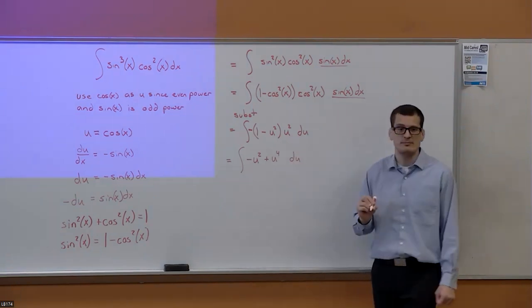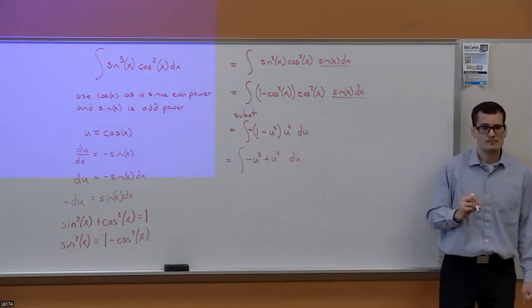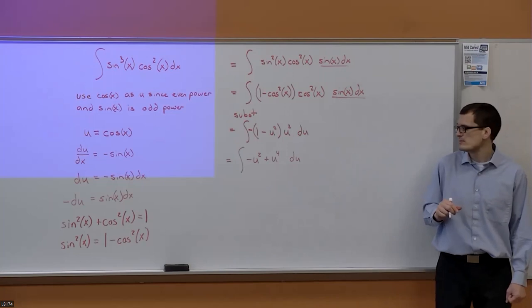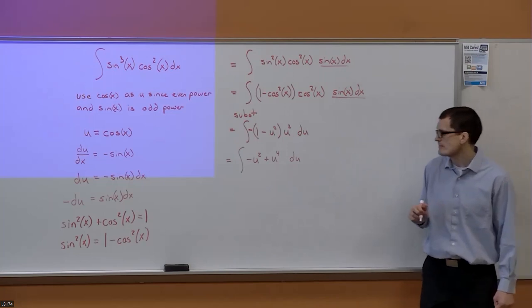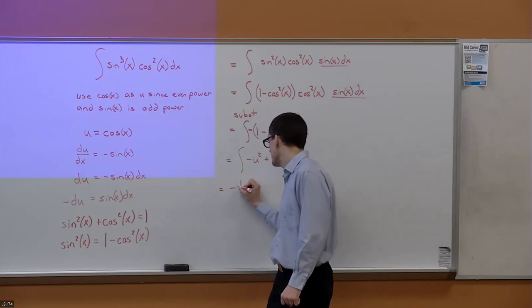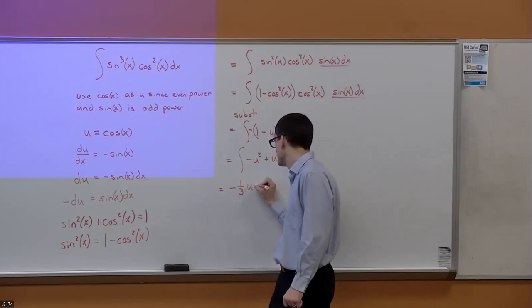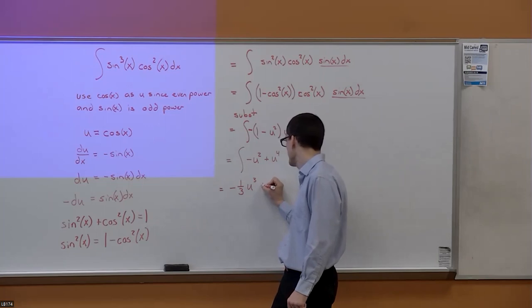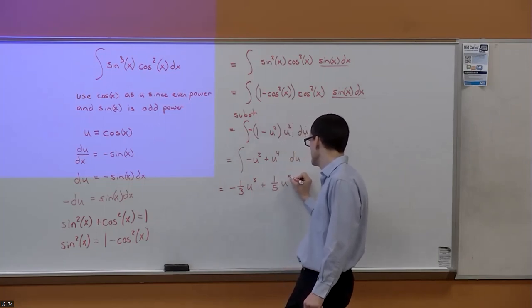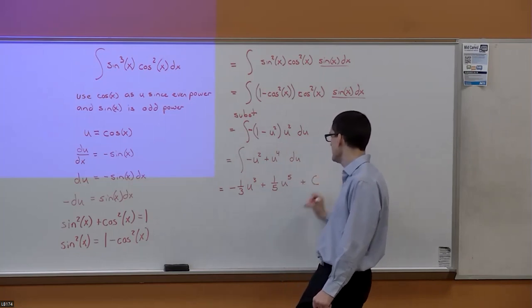And this is a really easy polynomial to integrate. See that? I just multiplied the u squared. Now we integrate: negative 1/3 u to the 3rd plus 1/5 u to the 5th plus c.